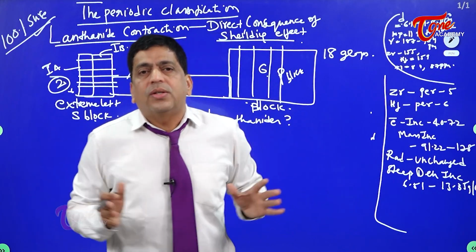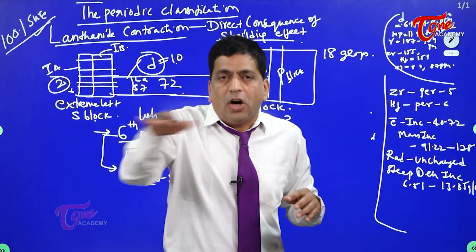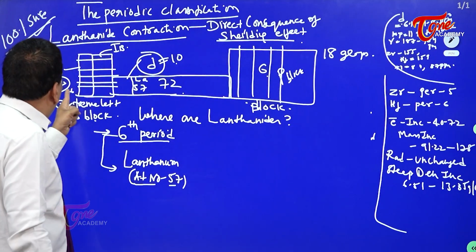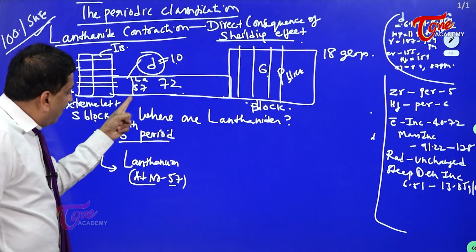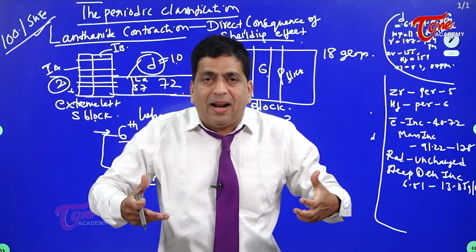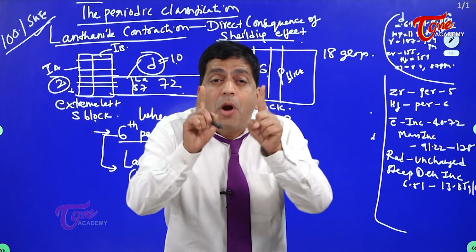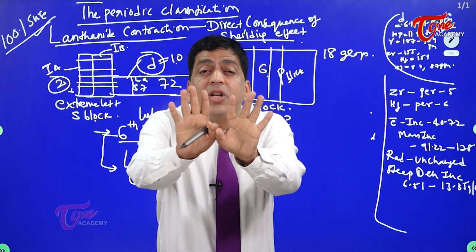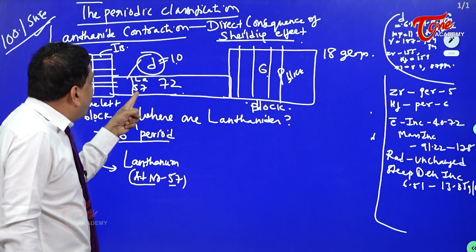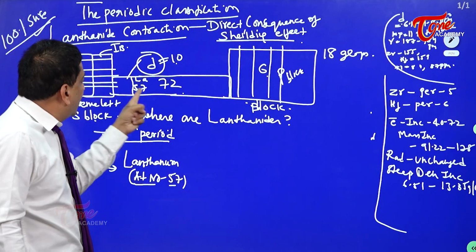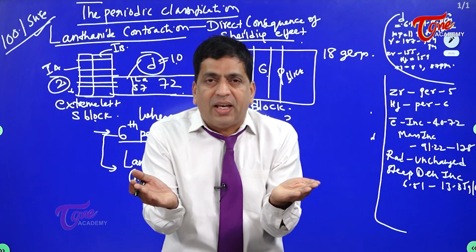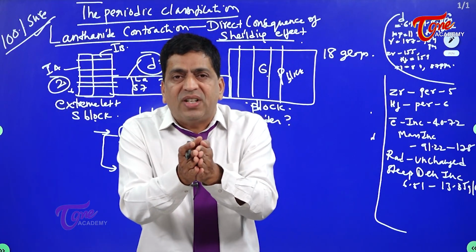Coming to periods, the horizontal lines. This is the 6th period element, that is lanthanum. Lanthanum is D block with atomic number 57. But if you open the periodic table and see, we expect 58 after 57.